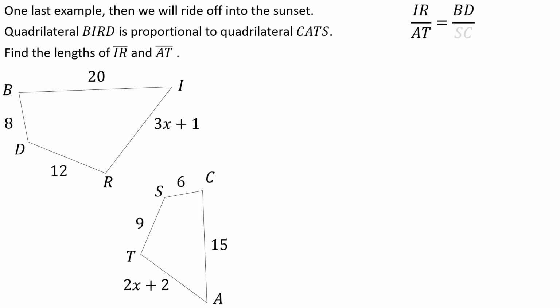And I'm going to compare BD to SC. IR is 3x plus 1. AT is 2x plus 2. BD is 8. SC is 6.